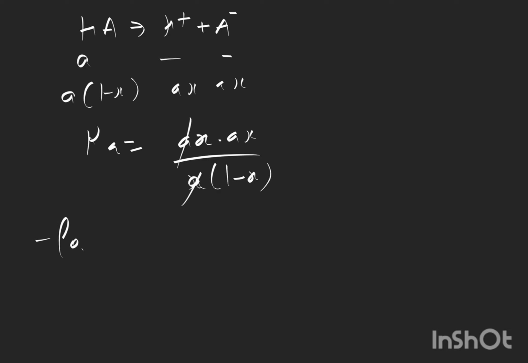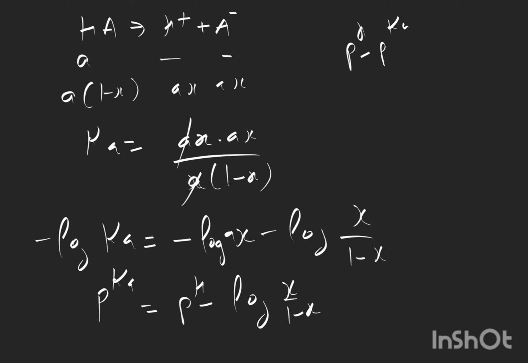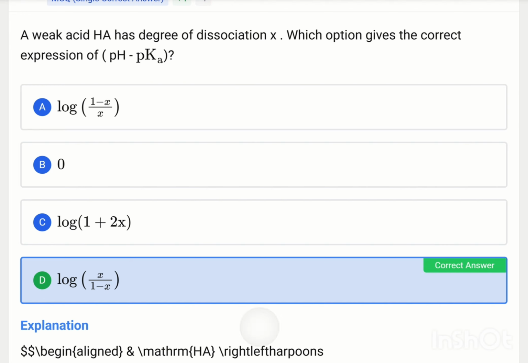So negative log of Ka is equal to negative log of Ax minus negative log of x upon 1 minus x. So it will become pKa is equal to pH minus log of x upon 1 minus x. So that means it will become pH minus pKa is equal to log of x upon 1 minus x. Yes, we got this answer. D is my right answer.